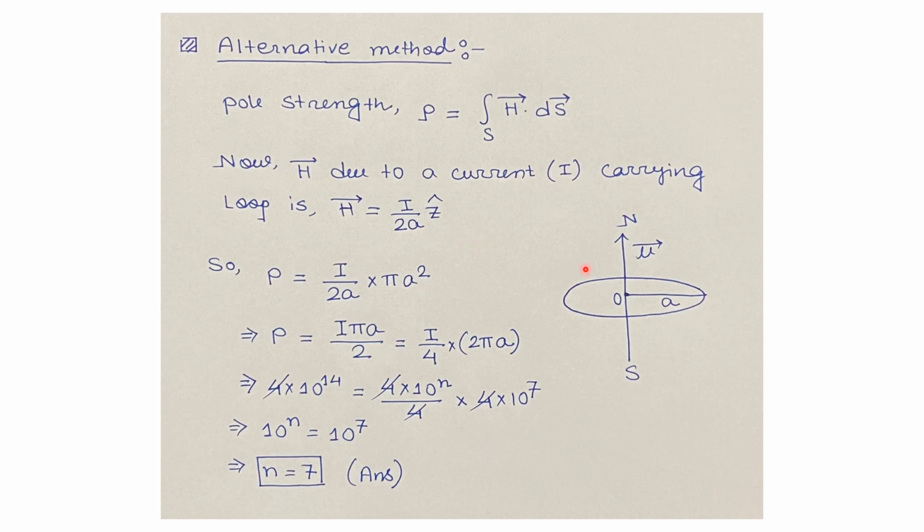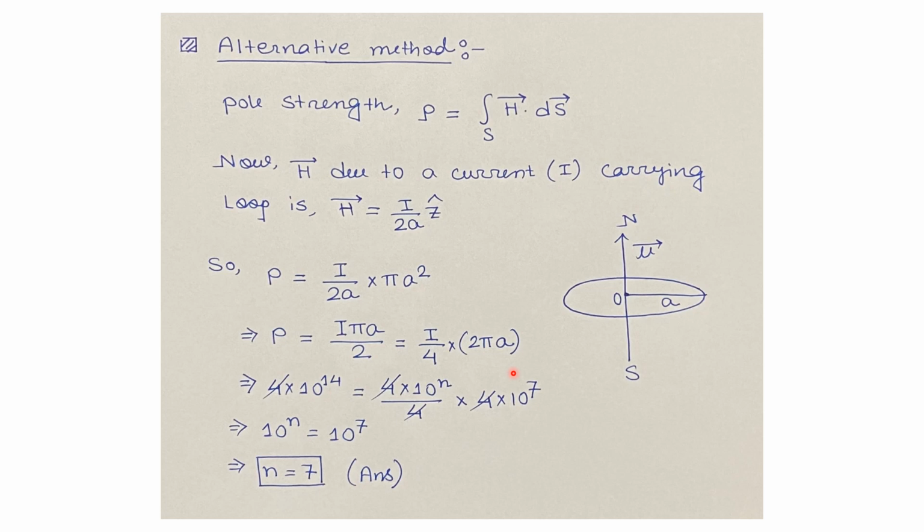Here it will be along the north direction. So from the definition of pole strength, we can write P equals H times the area of the loop, that is I by 2a times pi a squared. So it will give the pole strength P equals I times pi a divided by 2. We can write it as I by 4 times 2 pi a. Here 2 pi a is the circumference of the earth.